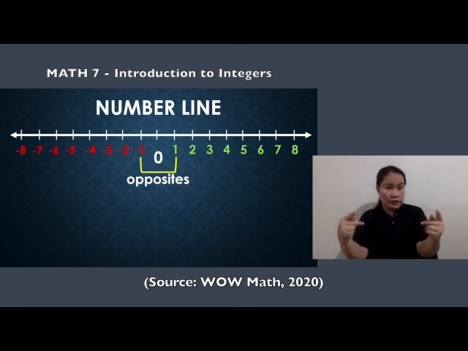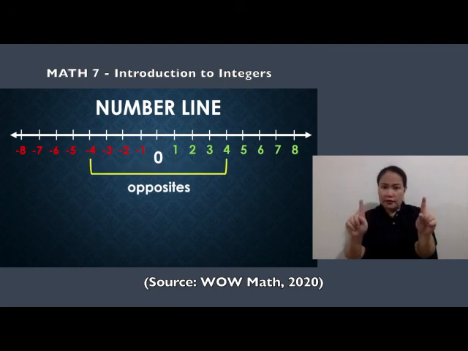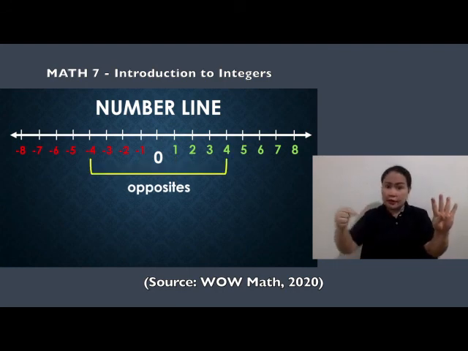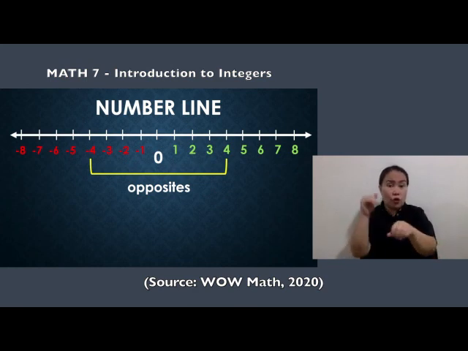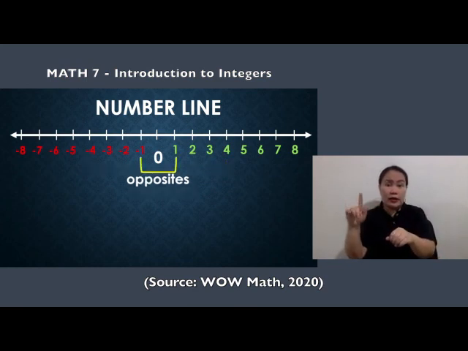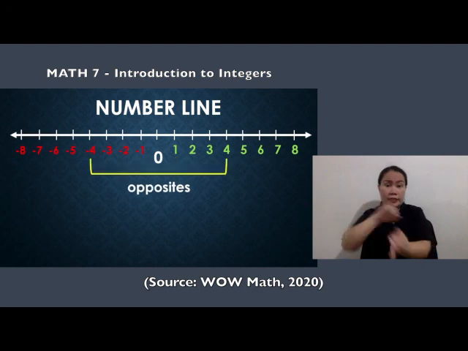So, ang opposite ni negative 1 ay positive 1. Ang opposite ni negative 4 ay positive 4. Or simply, etong opposite na to, ito rin yung tinatawag nating additive inverse. So, pag sinabi nating opposite, ito lang siya. Okay? Opposite of negative 1 is positive 1. Opposite of negative 4 is positive 4.